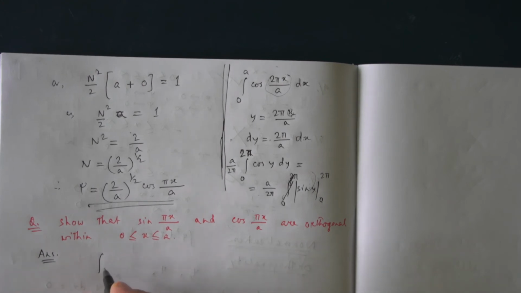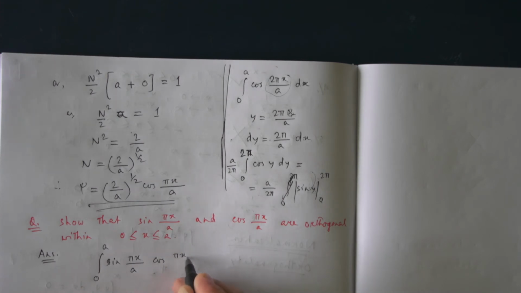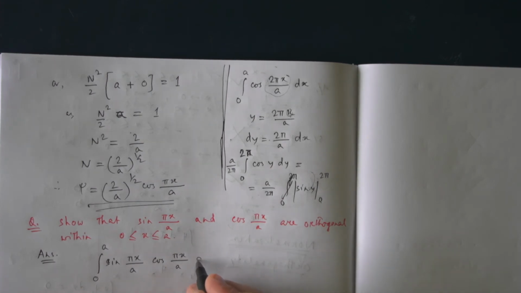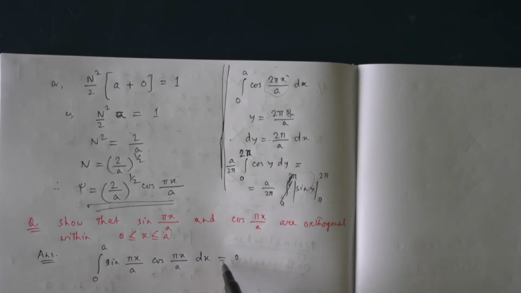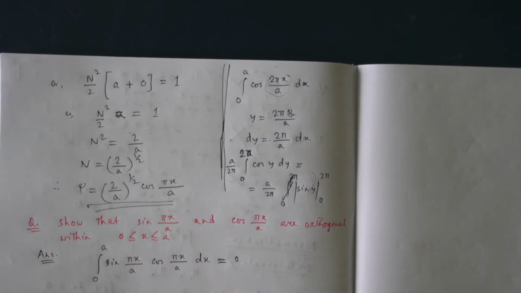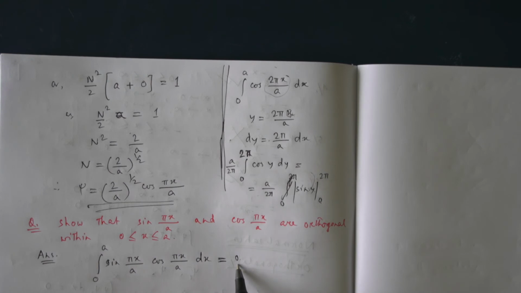Orthogonal means we have to prove that the integral of sin pi x by a times cos pi x by a dx, with limit 0 to a, equal to 0. Because in order to be orthogonal, this integration must be 0.